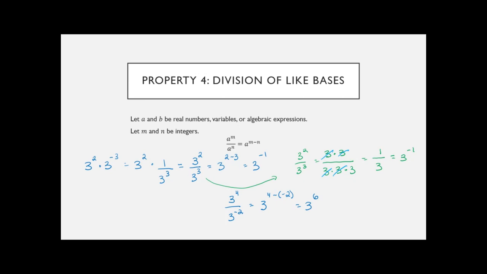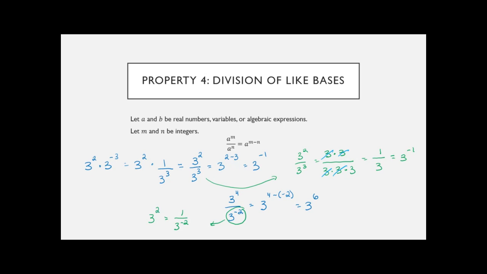And this is consistent because if I have the same thing, 3 to the 4th over 3 to the -2, because of this negative exponent rule, this is equal to 3 to the 4th over 3 to the -2, which is 3 to the 4th times 1 over 3 to the -2. And our rule with negative exponents is you take the reciprocal. So the reciprocal of 1/3 is 3, it'd be 3 over 1, and then you make the exponent positive.